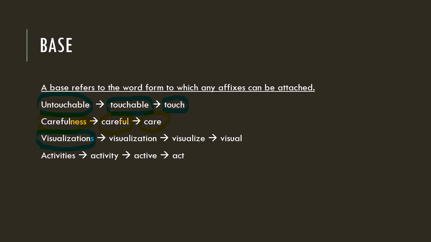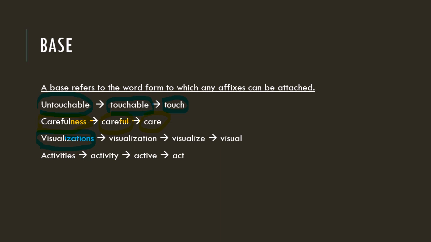Then you have the affix ion. Okay, ion. And then eyes. Okay, so you have at least 3 affixes there. So if I ask you, what is the base of the word visualization? You can simply eliminate the last affix that is attached to the word.